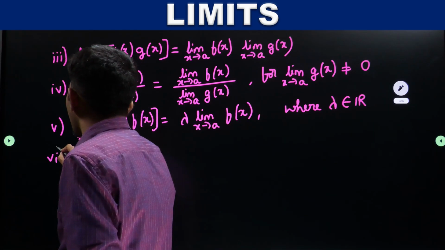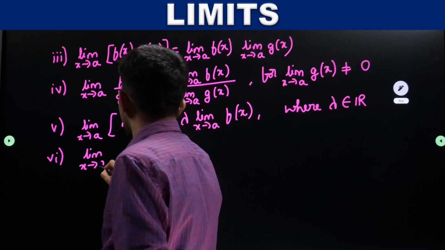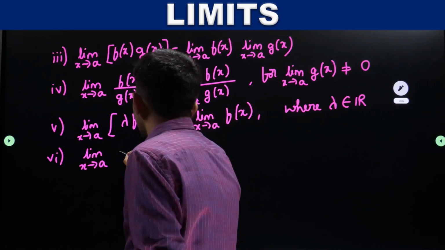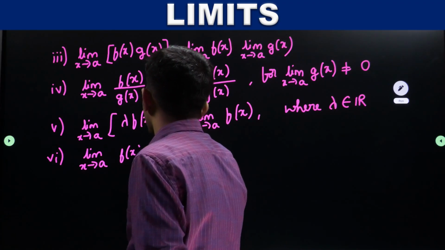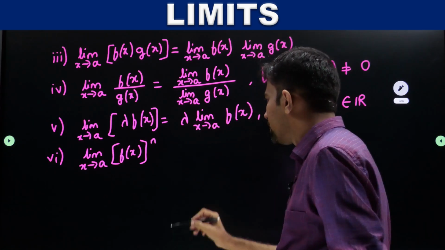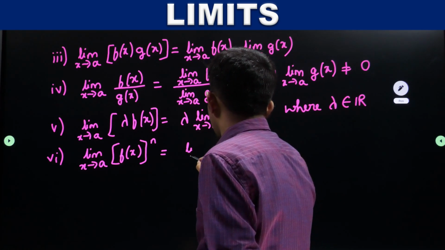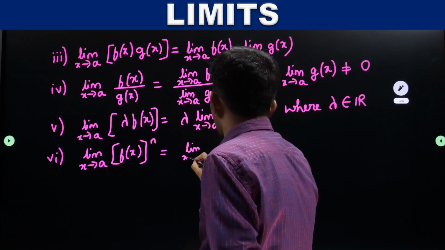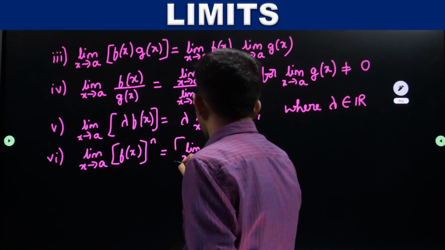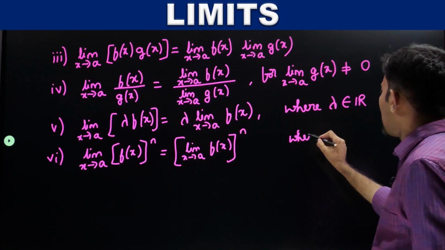Limit x tends to a f of x to the power n is equal to limit x tends to a f of x whole to the power n, where n is some natural number.